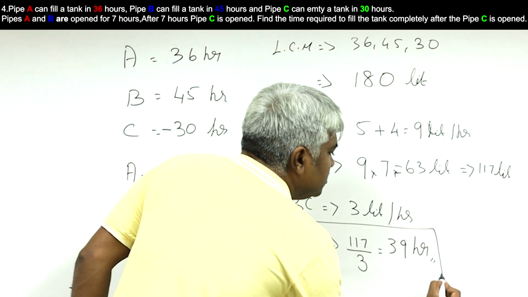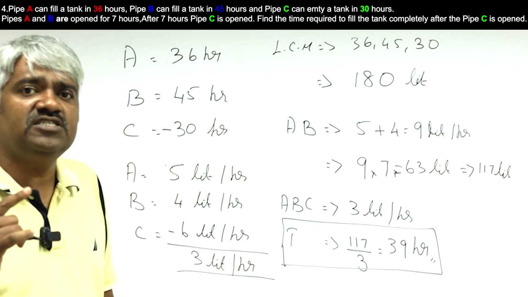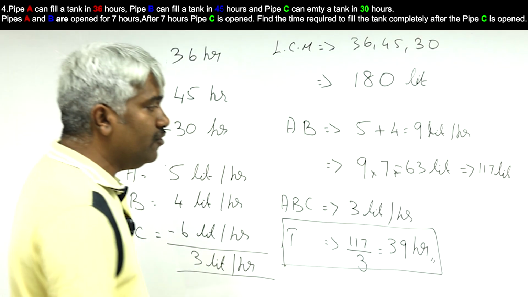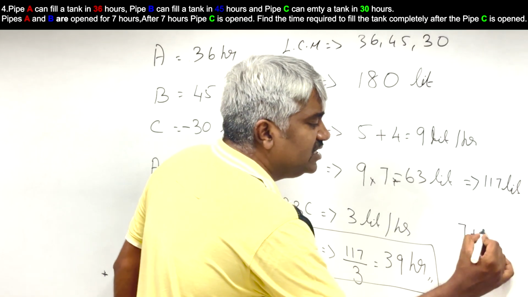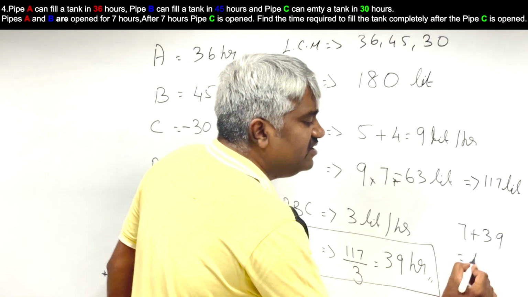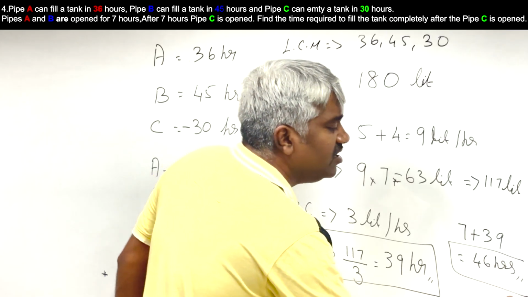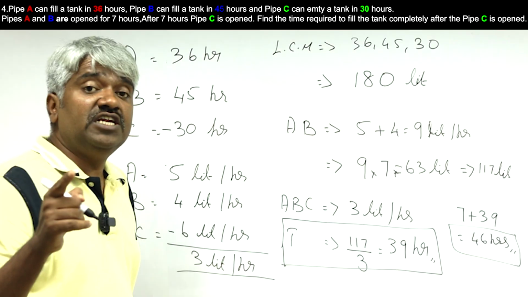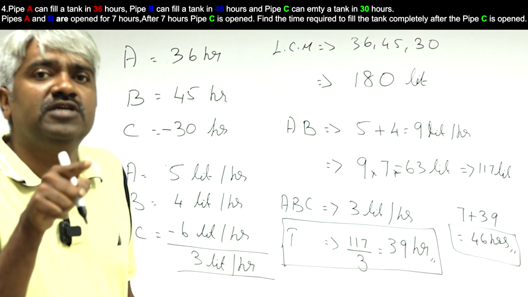In that case, your answer is 39. Suppose your question is, what's the total time required to fill the tank? Total time means the first 7 hours, then this 39, which is 46 hours. So this is your answer when the question is, what is the total time required to fill the tank when all the pipes are open?